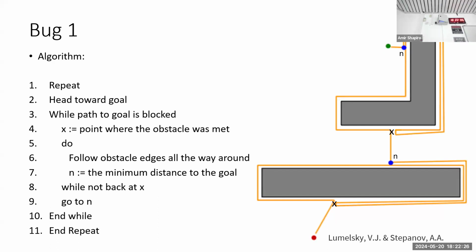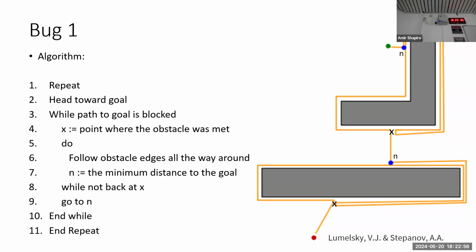What it does here, it first goes towards the target. Then when it hits an obstacle, it goes around the obstacle. While moving around the obstacle, it measures the distance from each point to the target. And it finds that this point is the closest to the target, so this will be the first leave point.